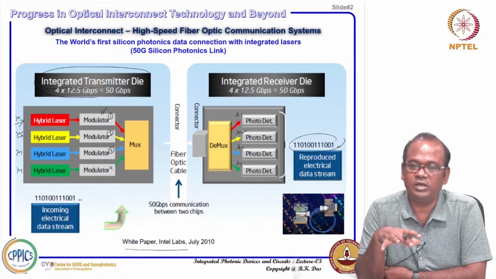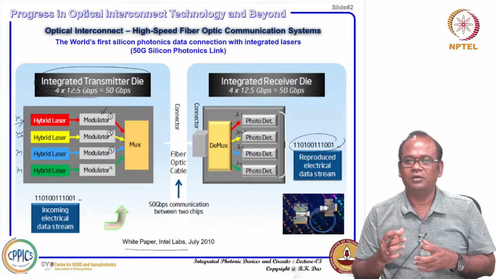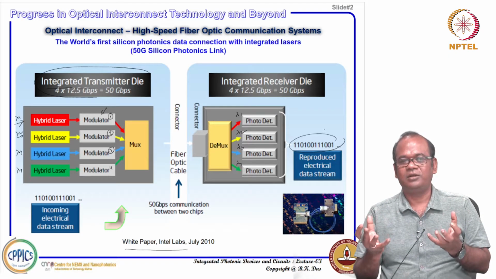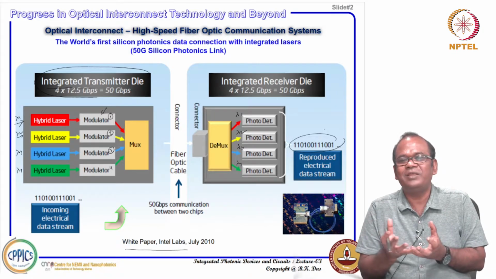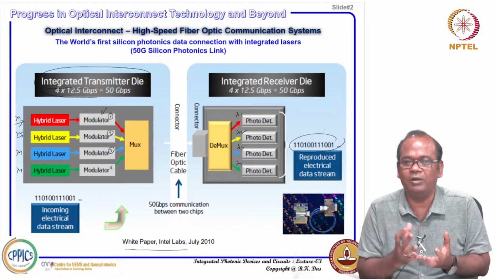But this particular thing you need to demonstrate such that you can use it for short haul communication, because of the data center boom, etc. You need many more such transceiver circuits where your cost cannot be that high; it should be integrated and scalable.